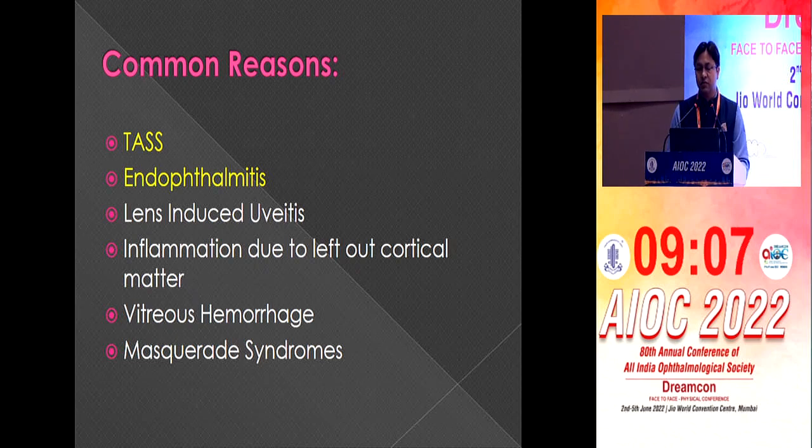Other reasons in these cases are lens-induced uveitis, inflammation left out sometimes by some cortical matter or something else. It may look like masquerade syndrome and vitreous hemorrhage, but we will discuss differentiation between endophthalmitis and TAS, which is very important.